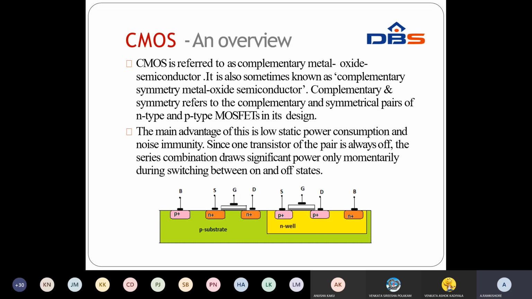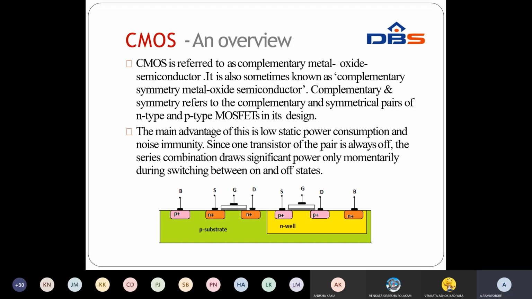Clear? The main advantage of this is that it has low static power consumption and high noise immunity. Since one transistor of the pair is always off, the series combination draws significant power only during the switching between on and off states.